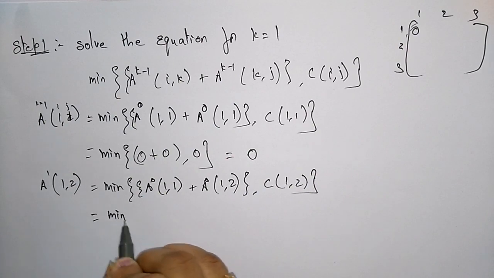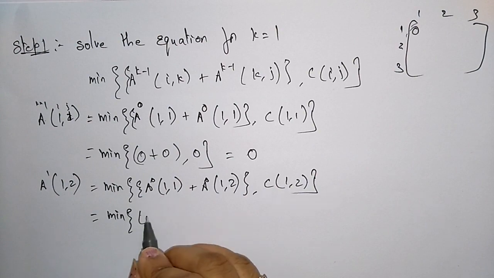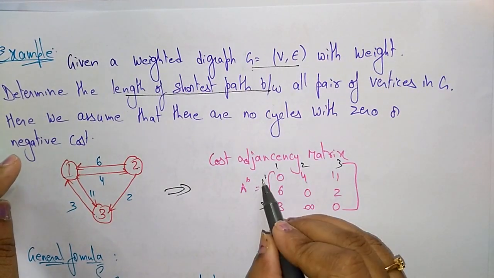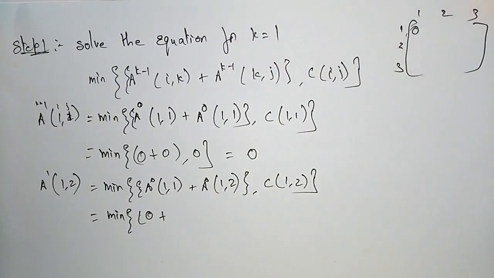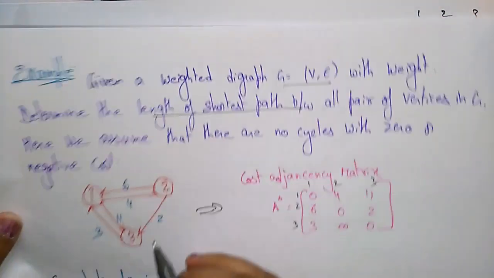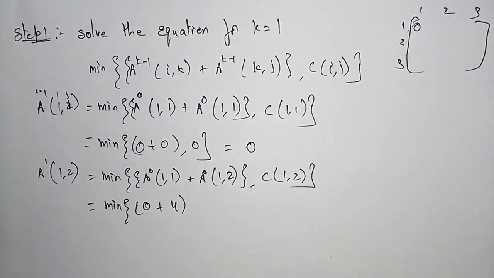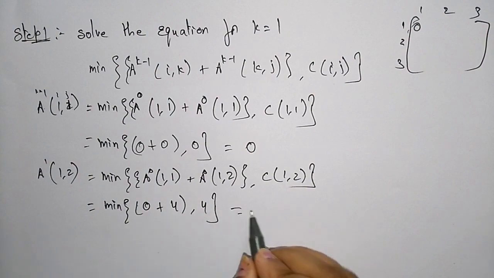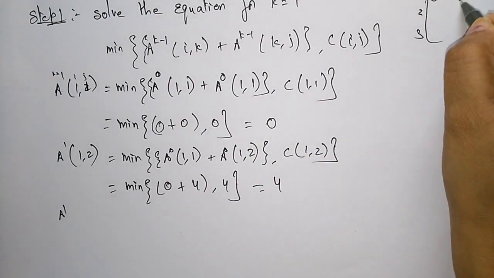Now find the minimum of A0 of 1 comma 1, which is 0, plus A0 of 1 comma 2, first row and second column, which is 4. And C of 1 comma 2, the cost from 1 to 2, is 4. So the minimum of 4 comma 4 is 4. So this is the 4 I got.